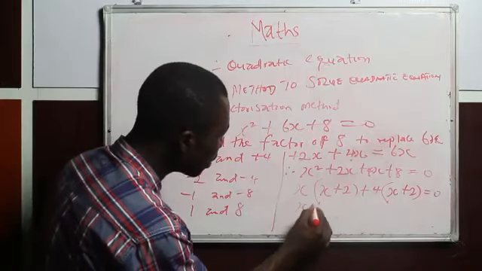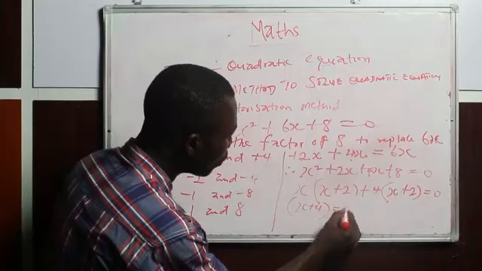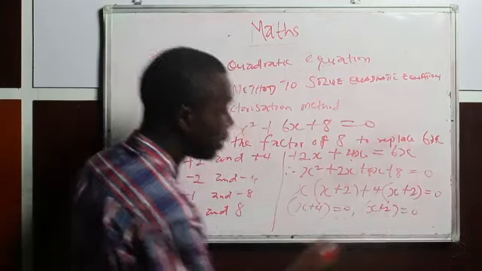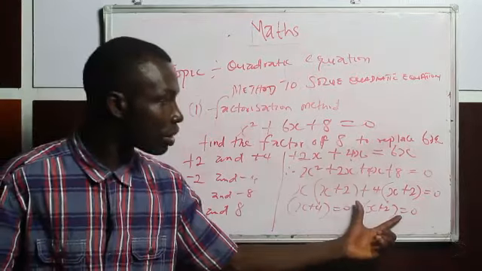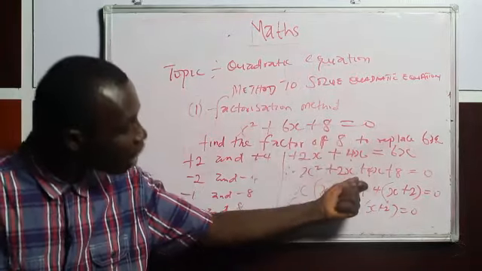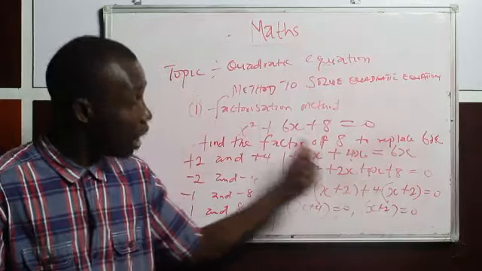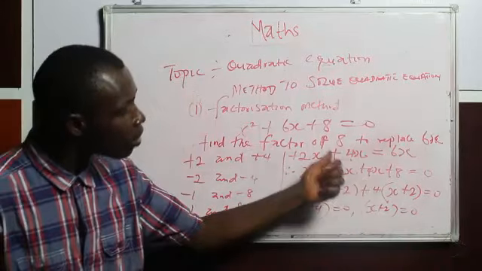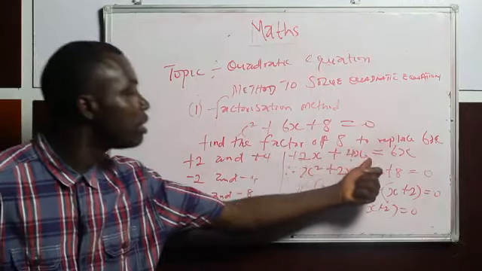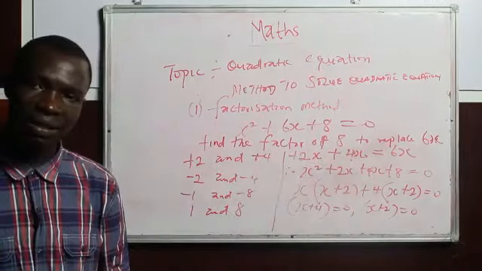We have x plus 4 equal to 0 and x plus 2 equal to 0. These equations prove that it is factorizable. How? Because the factors of 8 are these, and their sum replaces 6x.